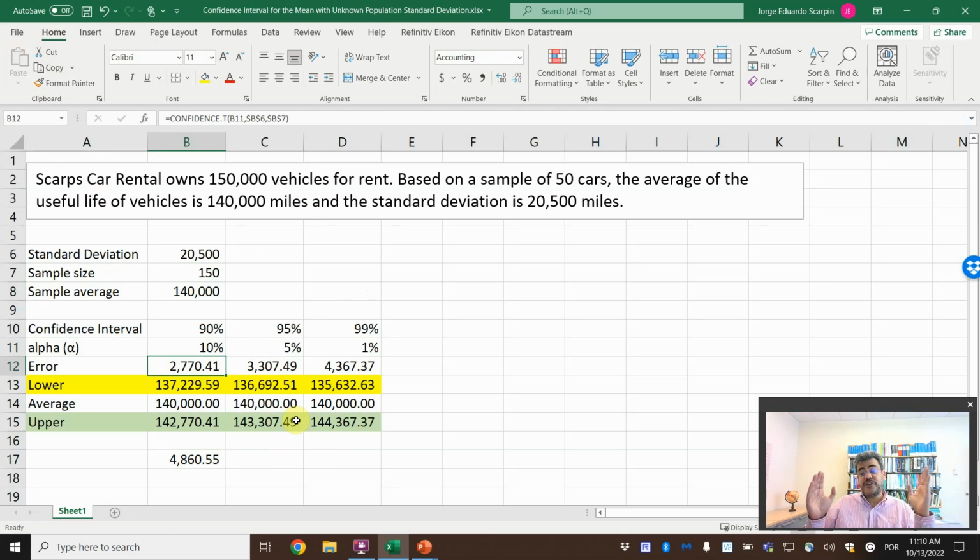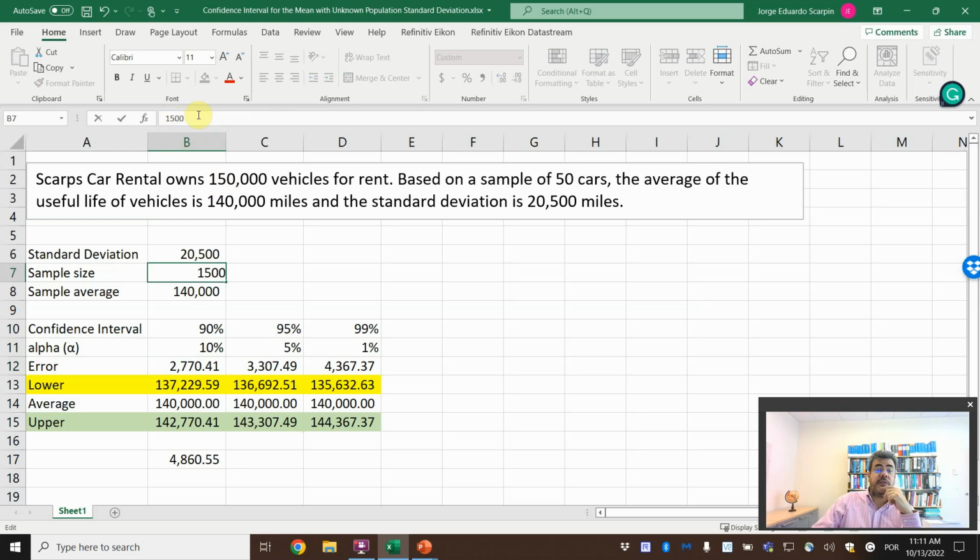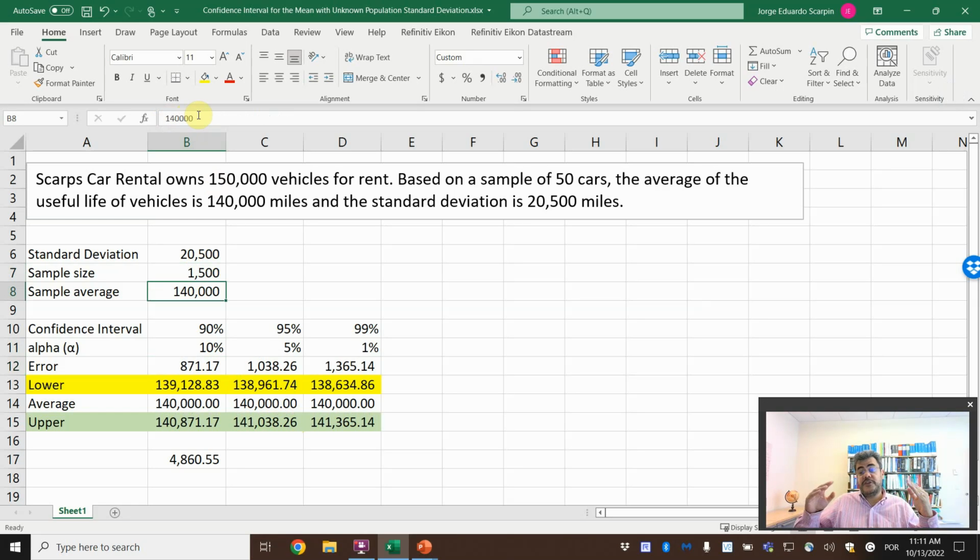So the larger the sample, the lower our error. If we go to 1500, the error is going down. Okay, so the larger the sample, the lower our error. So let's delete it here, and that's it.